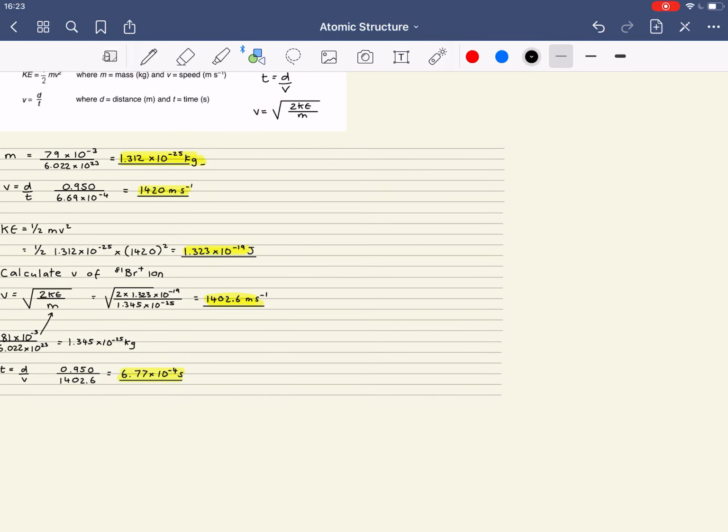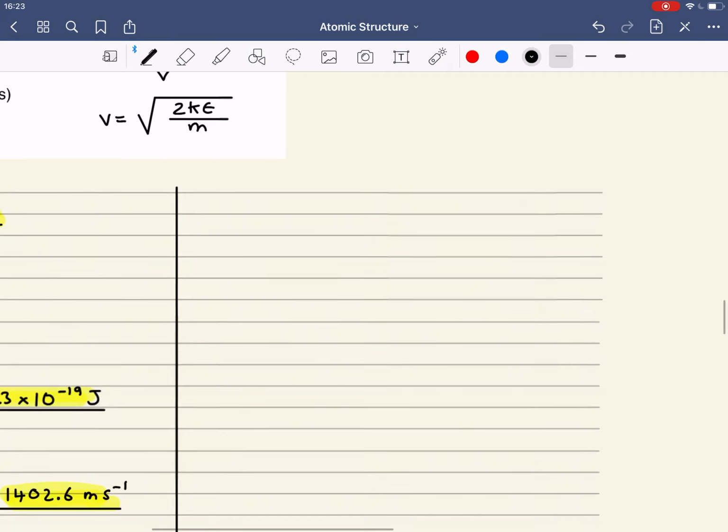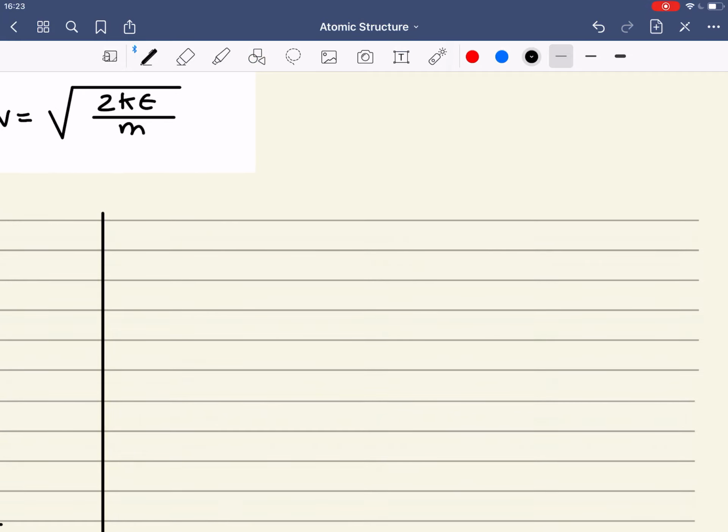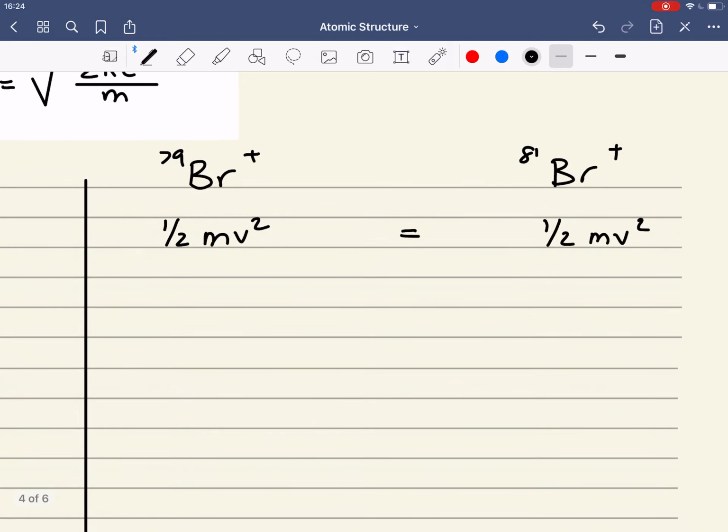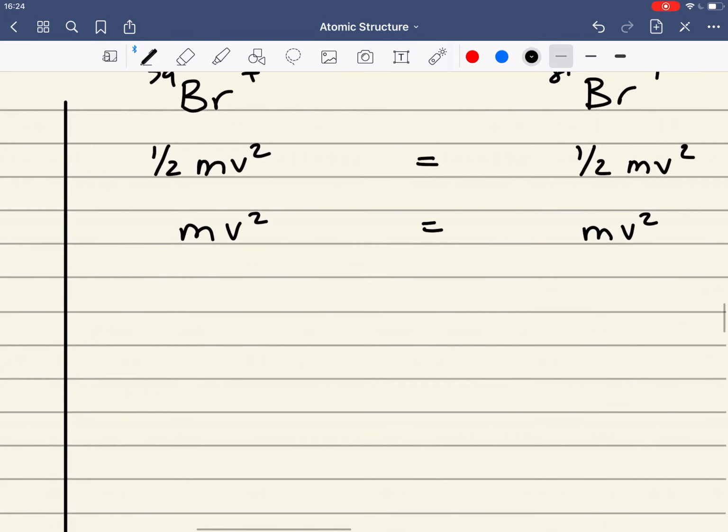There is another method to working this out, and that is we can, because we assume that the kinetic energy both ions are given is the same, then if this is my, say, Br-79+ ion, this is my Br-81+ ion, the kinetic energy is the same, so half mv squared will equal half mv squared. Now I'm going to times both by 2, that'll give me mv squared equals mv squared. Now, velocity is equal to distance over time.